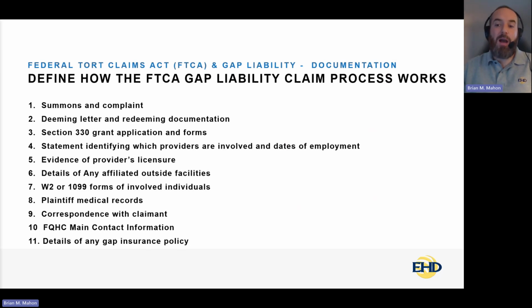They want 3 copies of the summons or complaint, your deeming letter or redeeming documentation, 330 applications and forms, a statement identifying which providers are involved, any evidence, payment, IRS forms, W-2 or 1099, the medical records of the plaintiff, any correspondence or communication, and then a main contact and any details if you do have a gap policy.